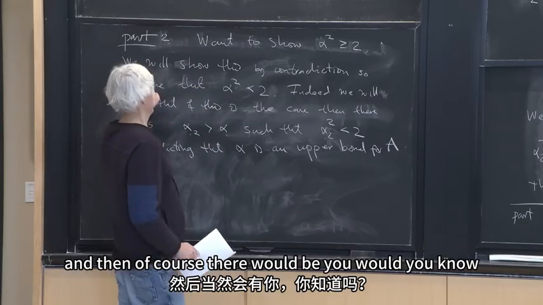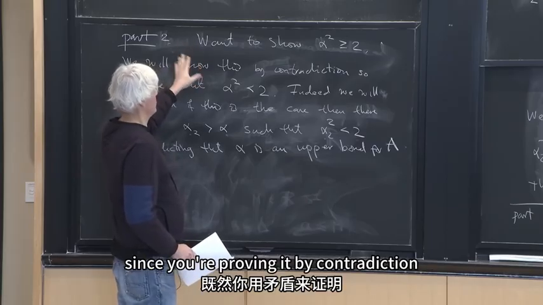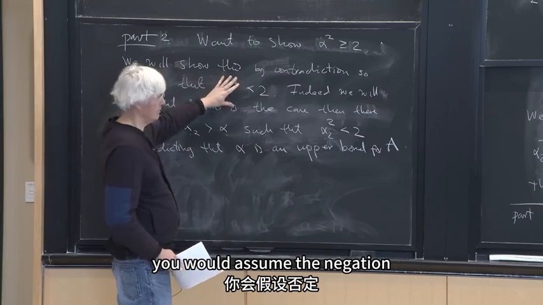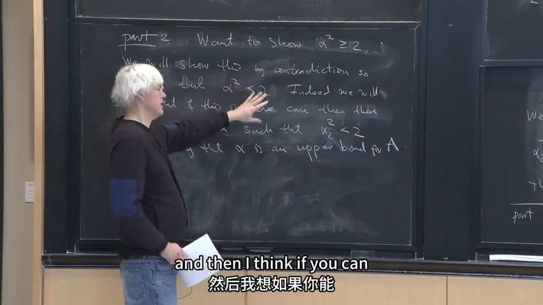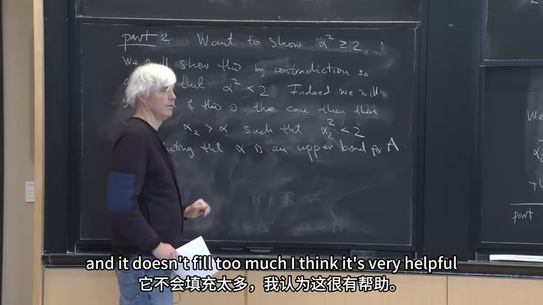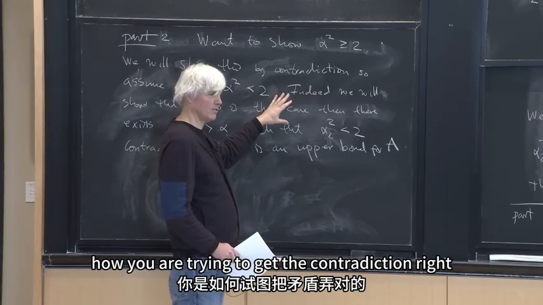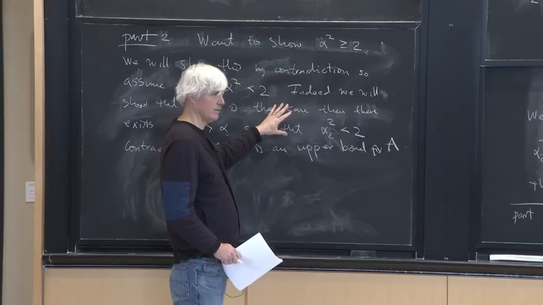And then there would be the statement that you want to prove, and since you're proving it by contradiction, you would assume the negation. And then I think if you can, and it doesn't feel like too much, it's very helpful to write how you are trying to get the contradiction. That's what I tried here.